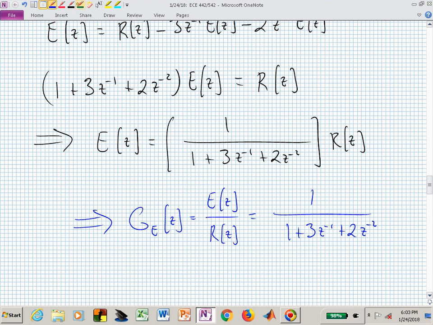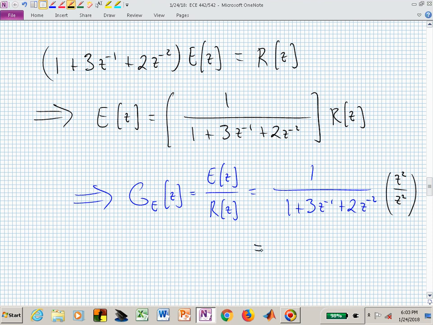Maybe this is something that seems a little easier. There's my 1, z squared over z squared, and that allows me now to rewrite that transfer function in terms of powers of z, z squared plus 3z plus 2.